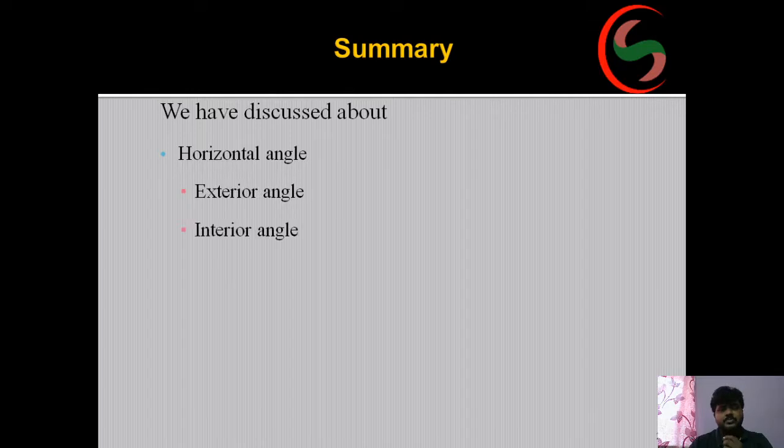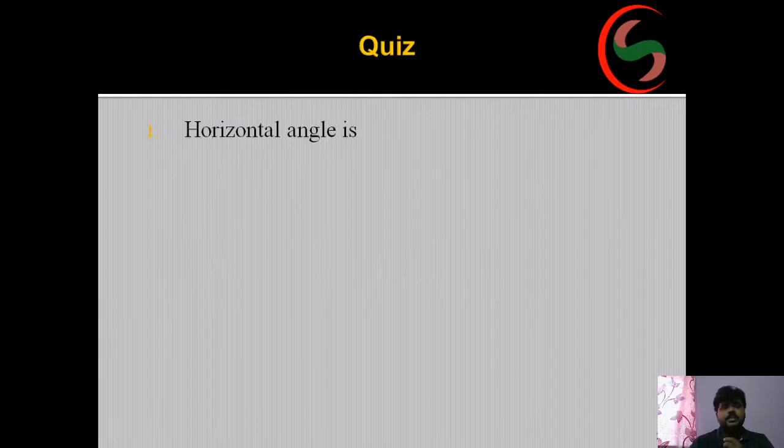In practice, taking the main scale reading and vernier scale reading will be very important for us. Coming to what we have discussed: interior and exterior angles, the repetition method and the reiteration method. Now we'll go with some quiz questions.